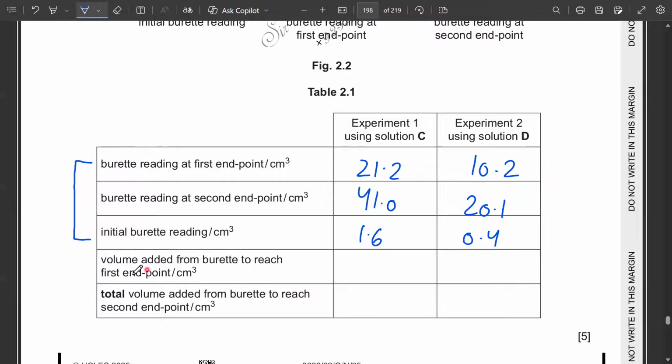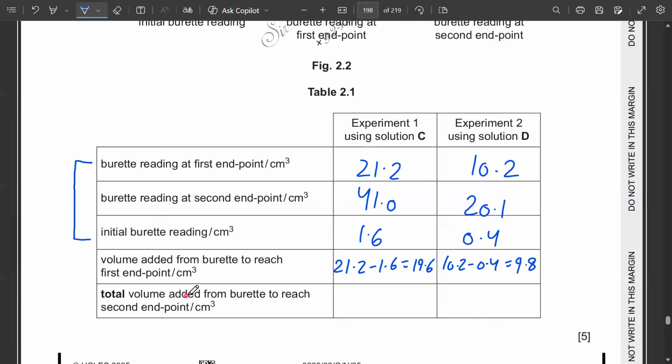It is 21.2 minus 1.6, which is equal to 19.6. Now do the same for the second case. So we have 10.2 minus 0.4, which is equal to 9.8.